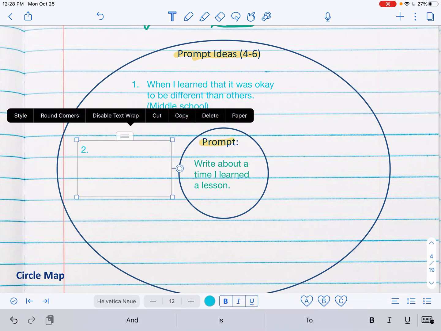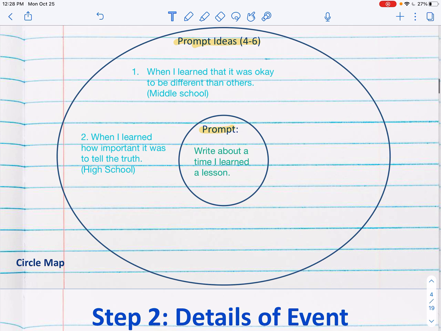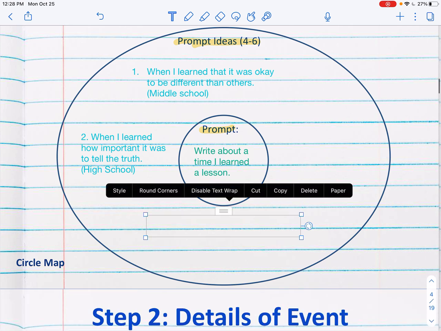2. I can write about a time when I learned how important it was to tell the truth. This event happened when I was in high school with some of my friends.